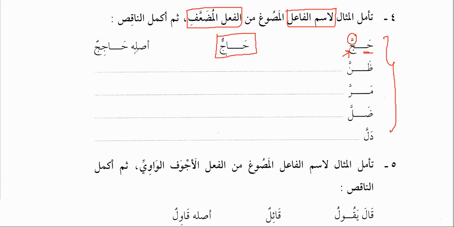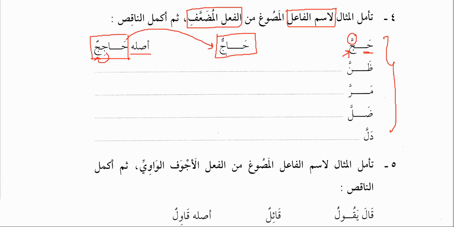Here the original structure is hajijun, and we don't usually use this structure in our daily writing, but the Arabs have made it a bit easier for us and made it a new structure, and they overlap the two jeems together. And to understand the structure, I have prepared it on my whiteboard.